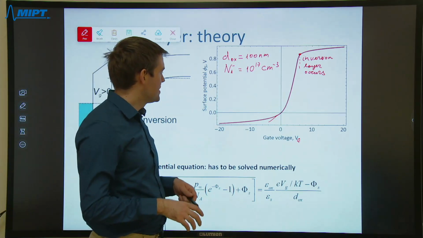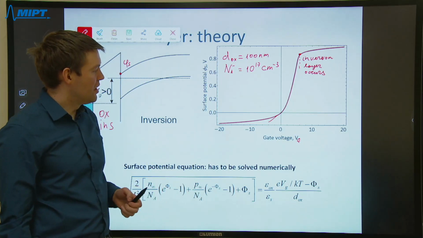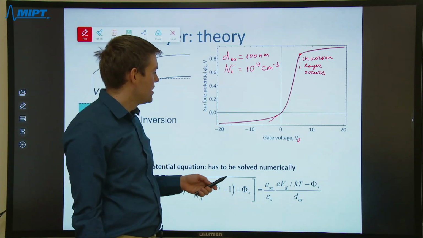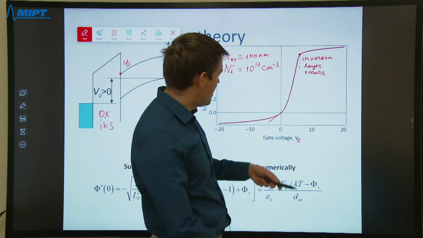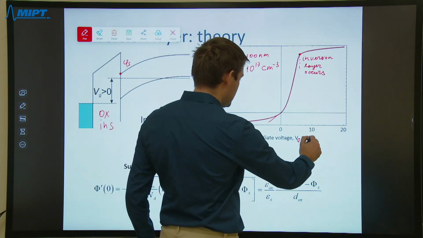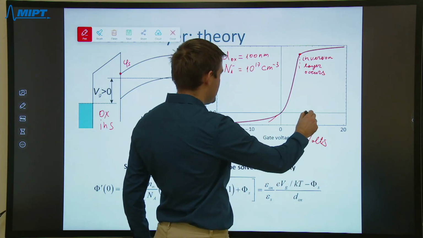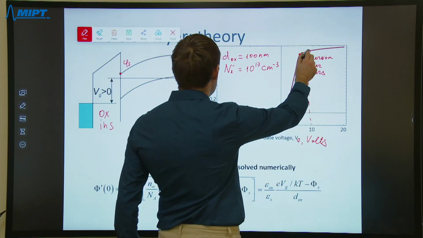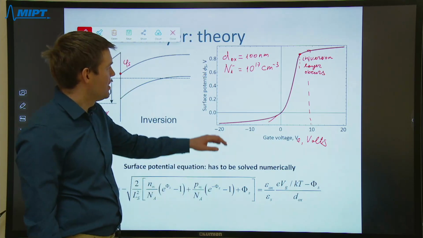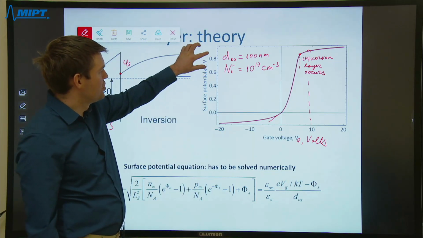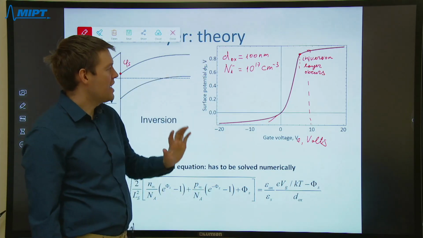What you also see from the plot, if you look at the numbers, is that when we apply quite large gate voltages, like 10 volts, then the surface potential is much smaller than the applied voltage, of the order of 0.8 volts.